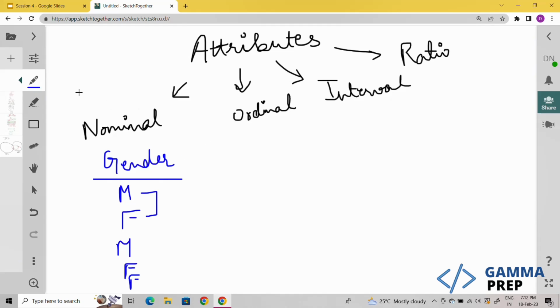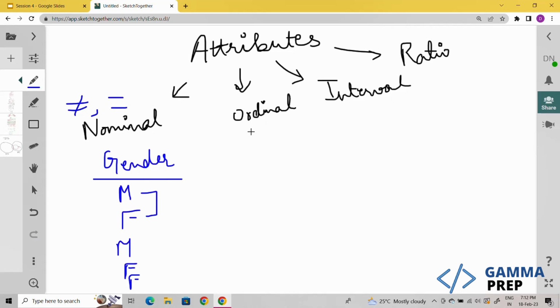So we can figure out that student 1 and student 2 don't have the same gender, but student 1 and student 3 have the same gender. So gender is a nominal attribute, where we can only figure out if the 2 attribute values are same or not the same. That is nominal attribute.